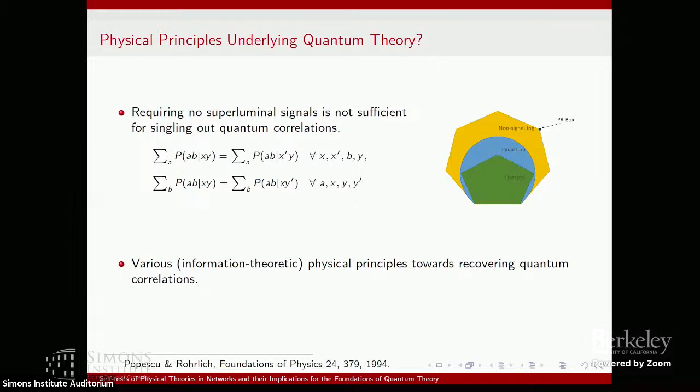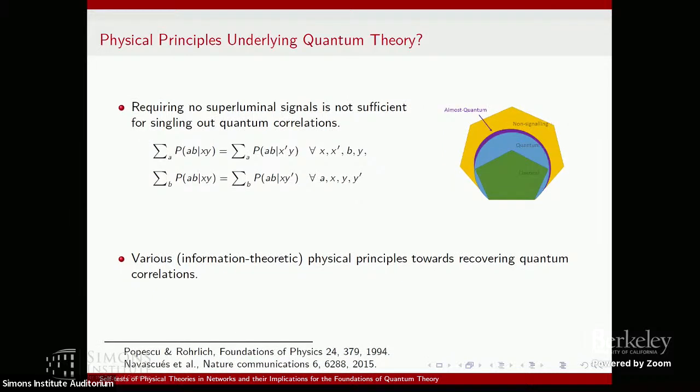And the second one is that somehow the principles don't fully work, and this goes back also to Miguel and his collaborators, that indeed most of those principles have been shown to recover not quantum correlations, but a slightly larger set, which is known as the almost quantum correlations.